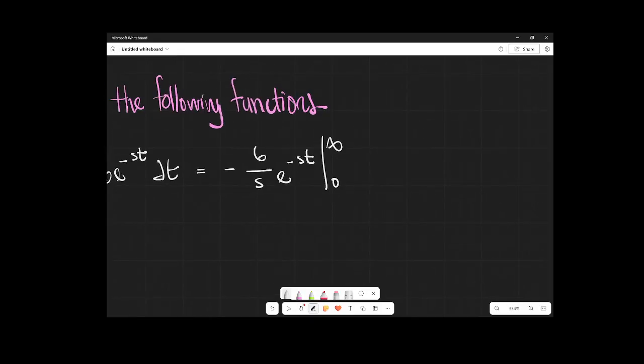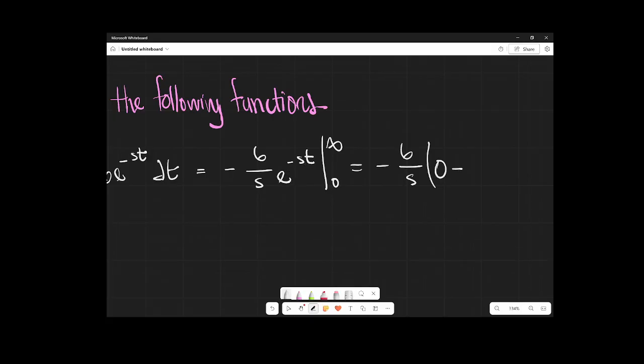Let's just do that right now. What is this function right here when t is evaluated at positive infinity? That's going to give us 0, right? So we have this negative 6 over s out here, and then we're going to have the difference inside. Let's subtract what happens when t equals 0.